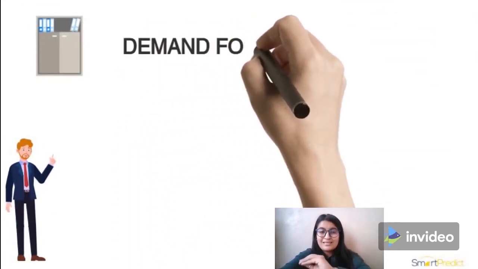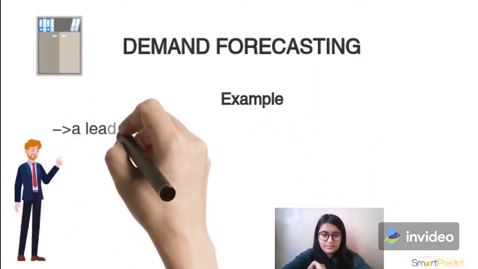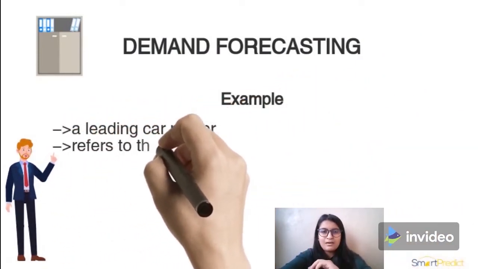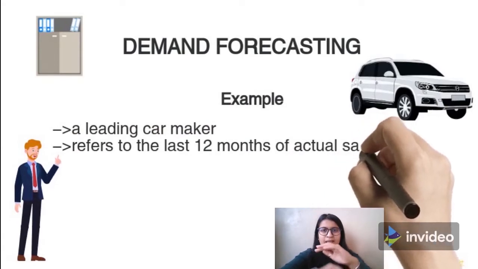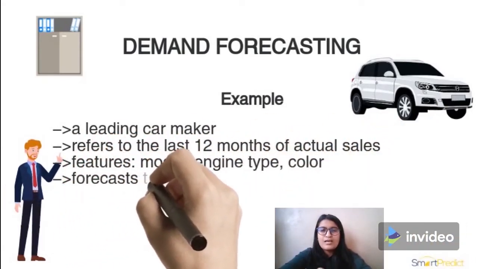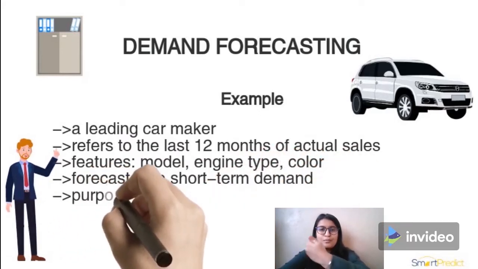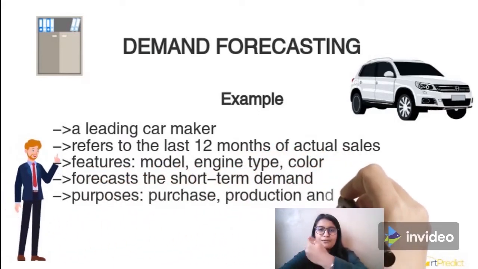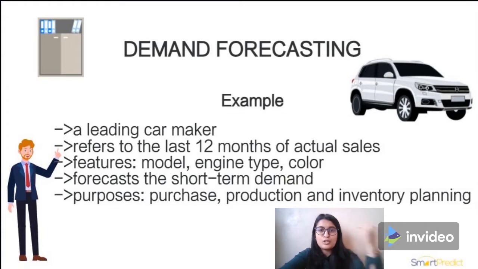Let's take an example to understand this use case. Suppose I'm a leading car maker and I'm supposed to produce my next 12 months of products. Before producing my new batch of products, I will refer to the actual sales of my last 12 months.